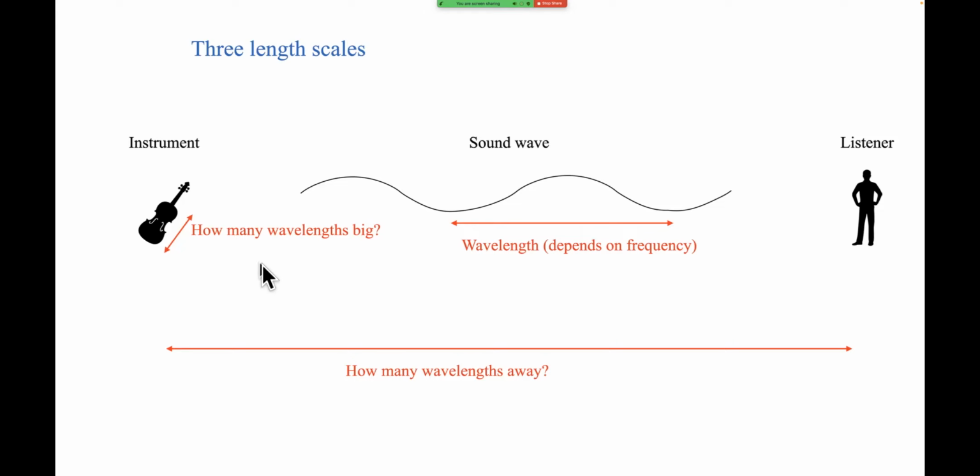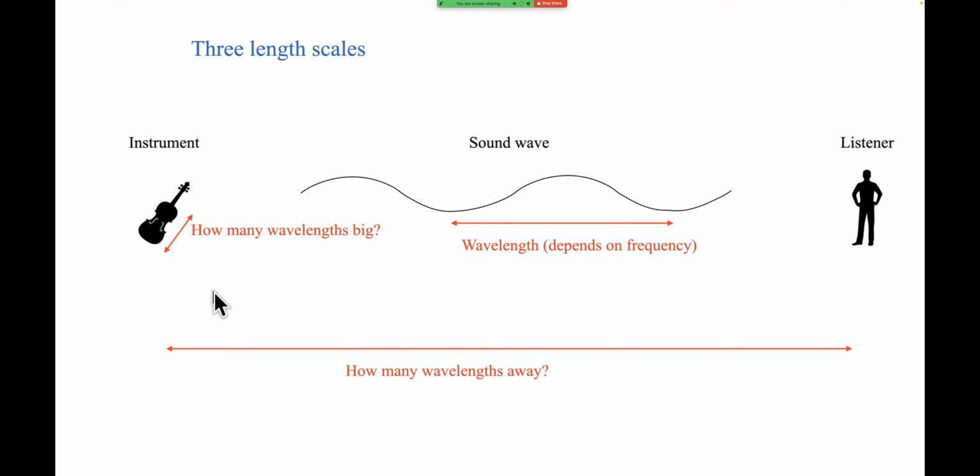Once the frequency goes up, the wavelength gets shorter, and we fit many wavelengths into the size of the instrument. Then the detailed pattern of the sound waves gets more complicated, but the general efficiency of sound radiation on the whole gets better. So pretty much any vibrating structure can radiate a reasonable amount of sound once it gets up to high frequencies, short wavelengths.